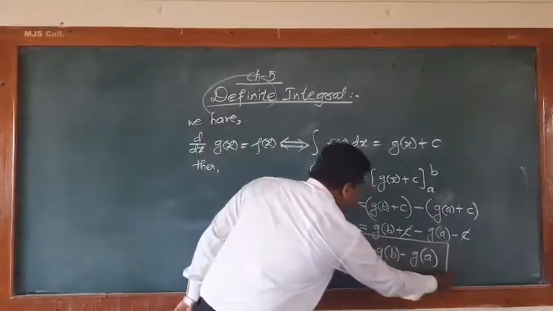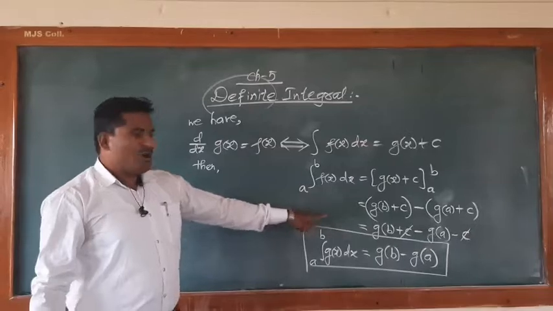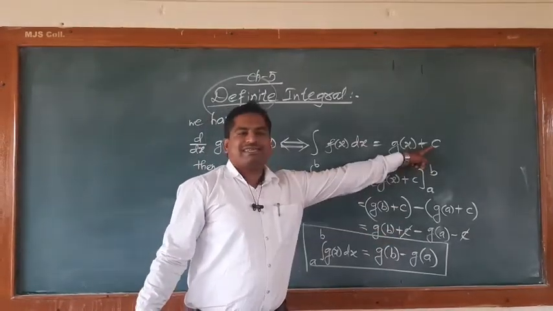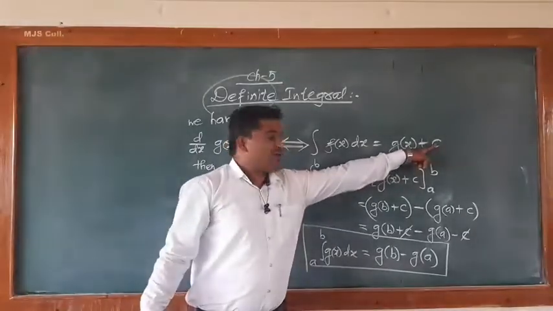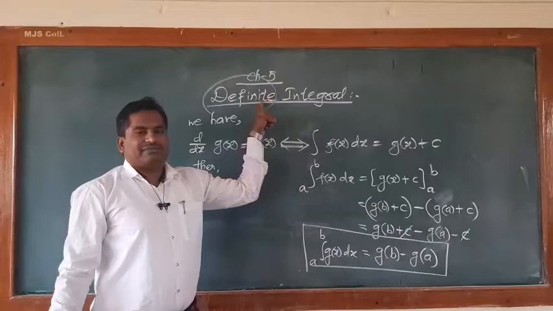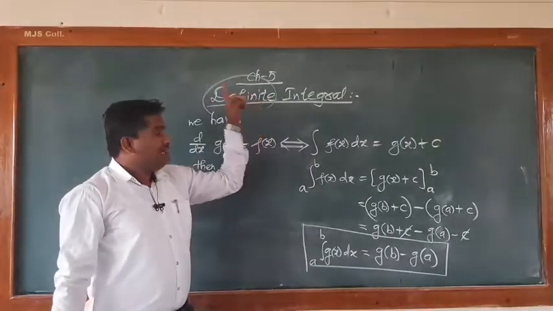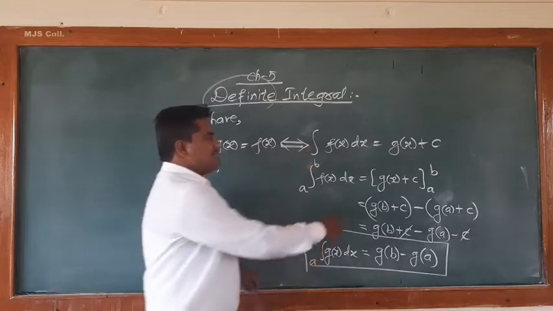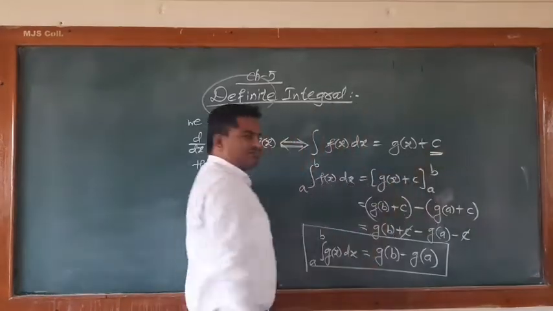That means there is no presence of constant of integration, that is c, in definite integral. In indefinite integral there must be presence of c, that means constant of integration.